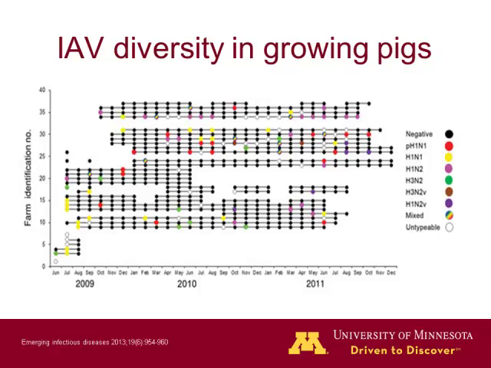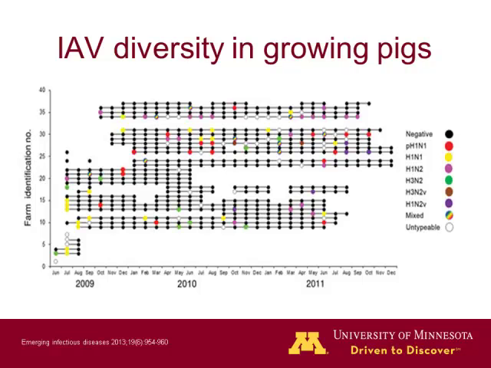A little bit more on influenza A diversity. This is part of the study that Matt mentioned in the previous talk, where Caesar followed different growing-to-finishing farms. Each line is a farm and each dot is a sampling.